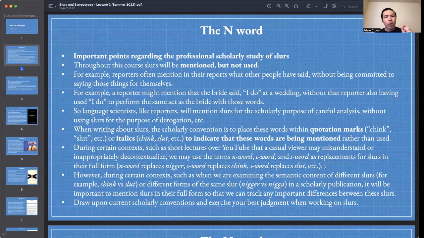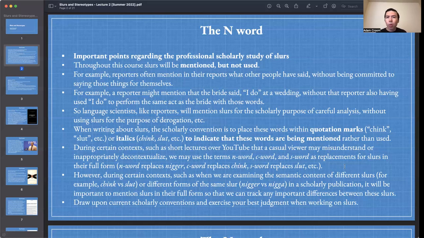So for the purposes of a lecture like today, I'm going to use words like N word or C word or S word. Okay, so that way my usage or my mentioning of that slur is not easily decontextualized and misunderstood. However, having said that, it's very important for scholarly purposes, especially in journal publications, that we include the full instance of the slur.